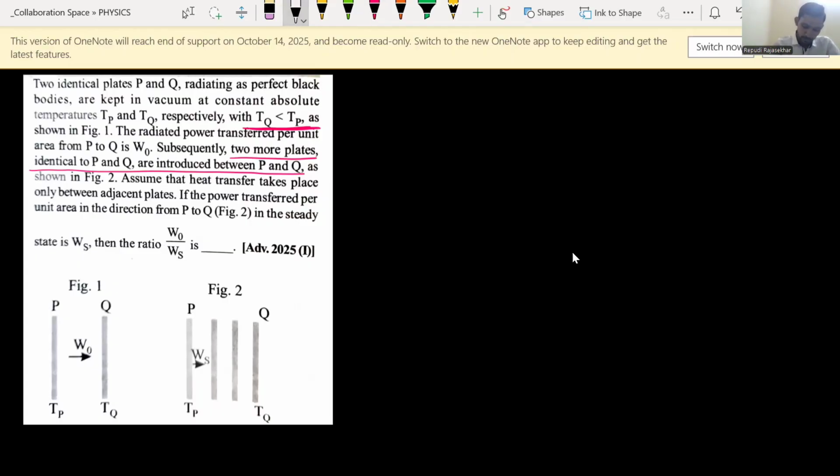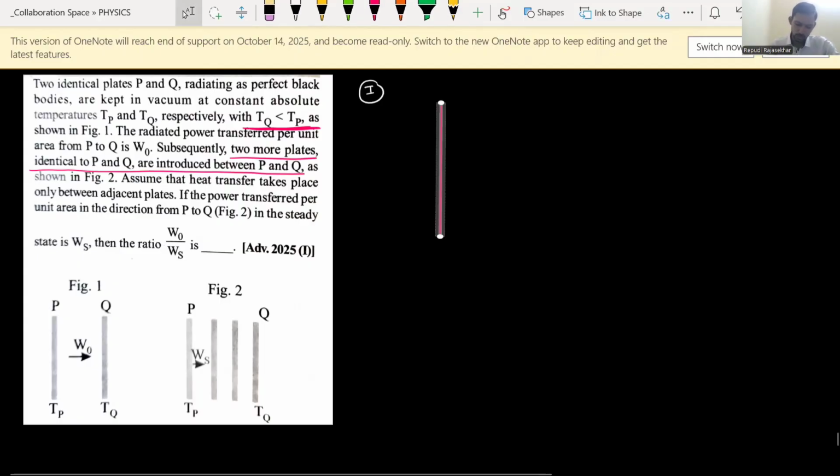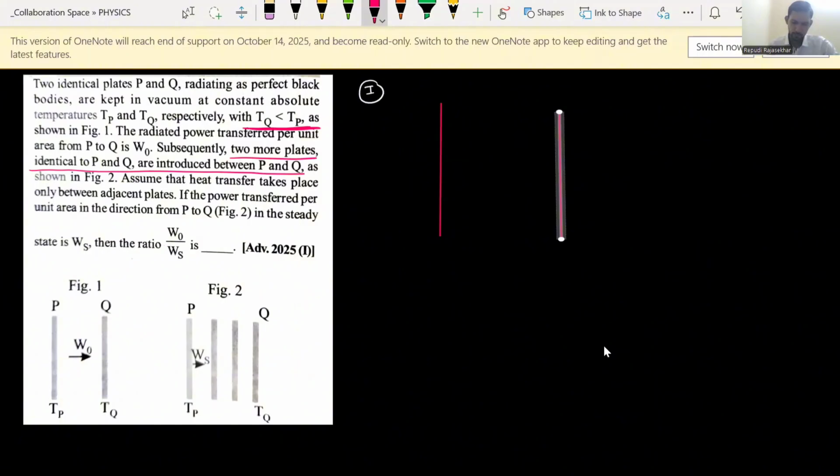Let us analyze figure 1. First figure I am analyzing here. There are two metal plates. Let us take, this is P, the first metal plate, and here this is the second metal plate, this is Q. P and Q, two metal plates are there.